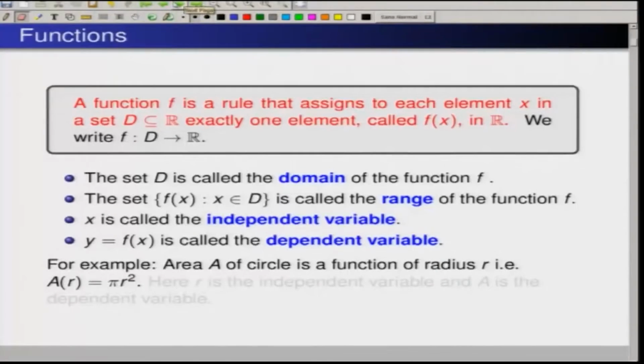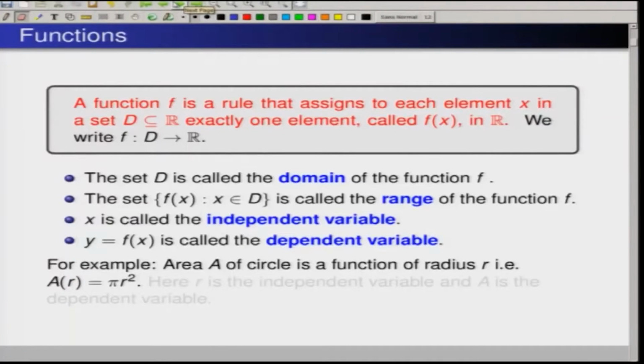Now, for example, if we consider the area of a circle, then this is going to be a function of R. Different sizes of circle will have different areas, and this area is dependent on the radius. The larger the radius, the larger the area of the circle.